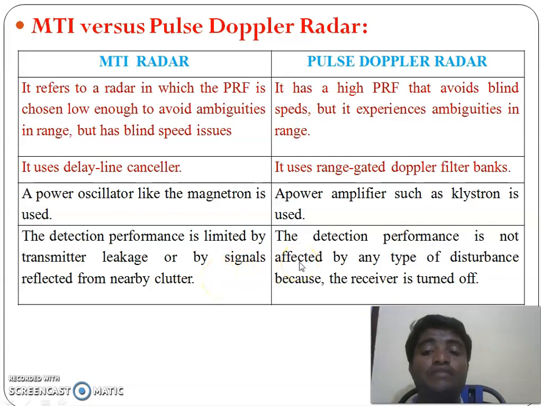But in Pulse Doppler radar, the detection performance is not affected by any type of disturbance because the receiver is turned off while the pulse is transmitted, and then it waits for the echo. Therefore, it is not affected by external disturbances.